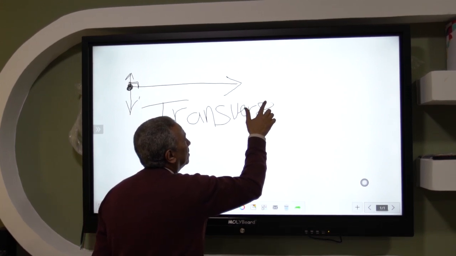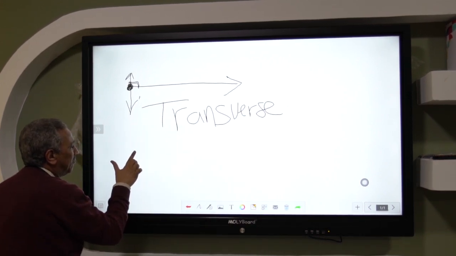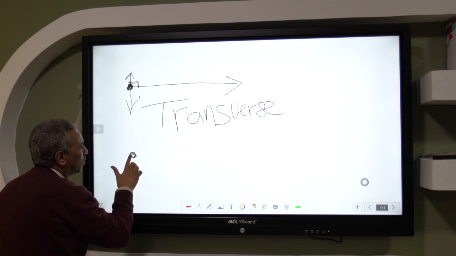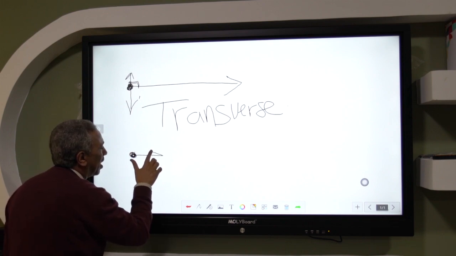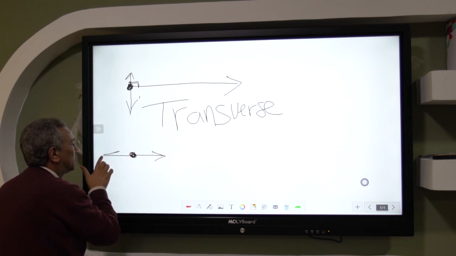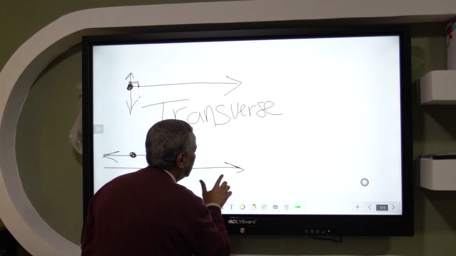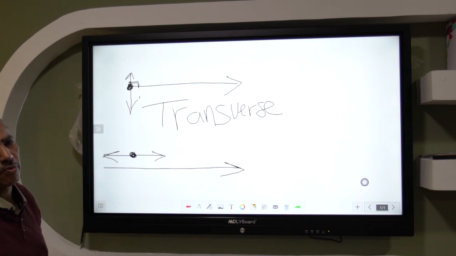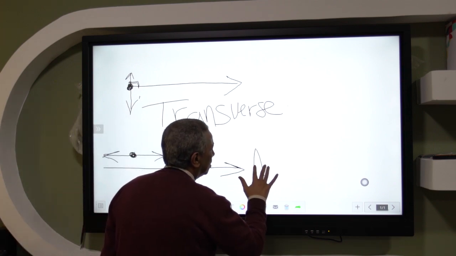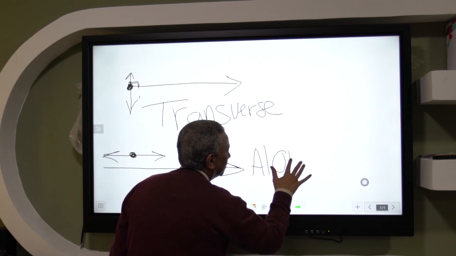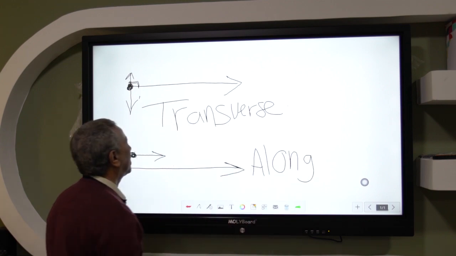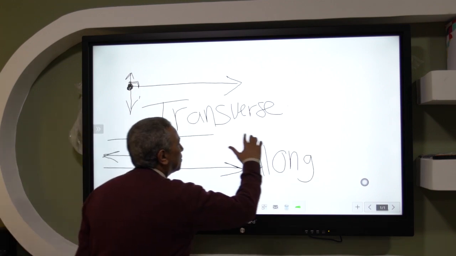But if we have a particle of the medium that vibrates right and left, and the wave propagates horizontally, that means they have the same direction. This is the second type, the longitudinal wave. This is what I'm talking about, the sound.